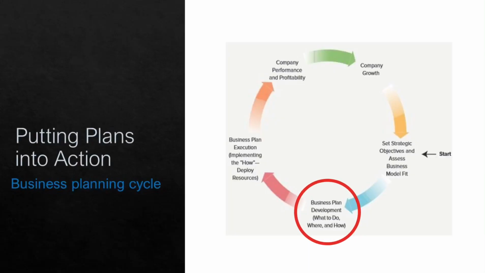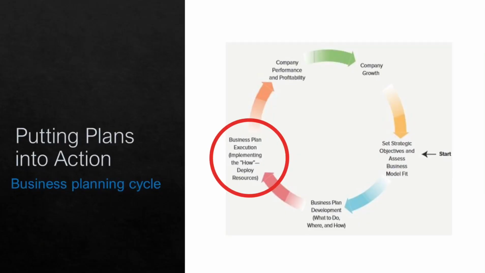And the business plan is the answer to what we will do, how we will do it, where we will do it, who will do what. And then we go to the third stage, which is execution. Okay, what are the specific steps that I can take, how I will deploy my resources, how I will offer, how I will operate, how I will manufacture.